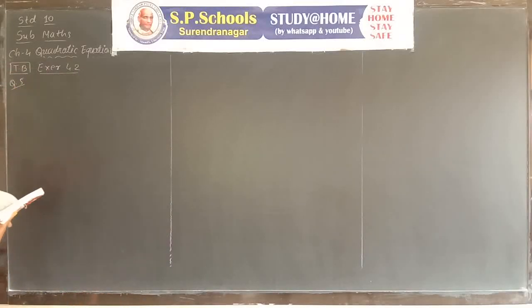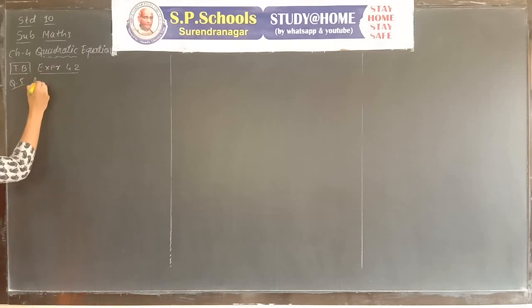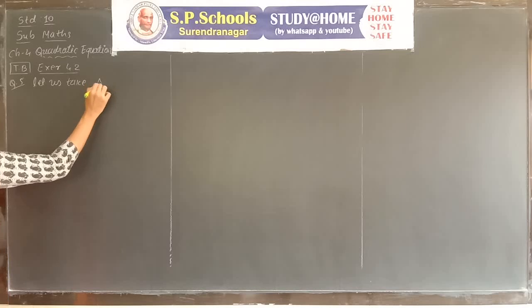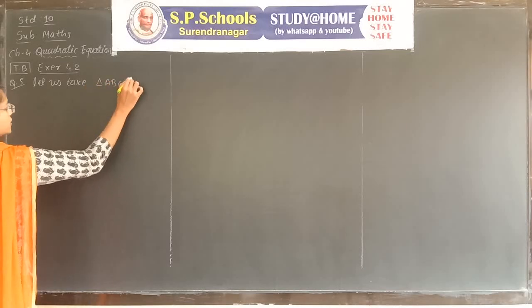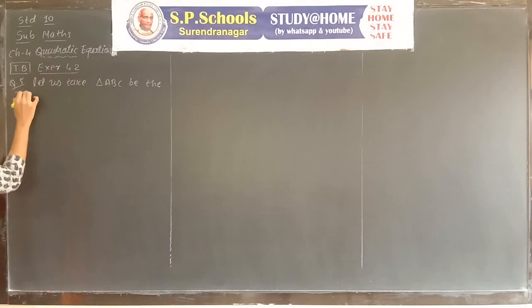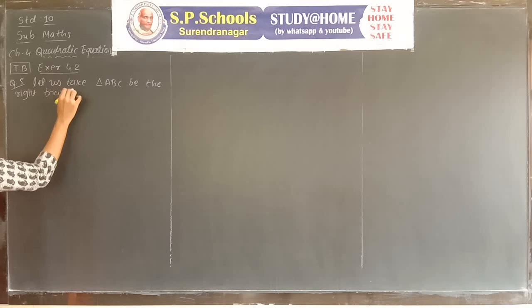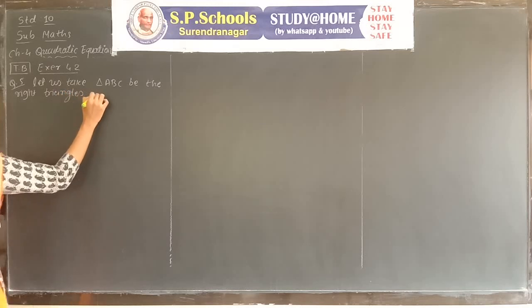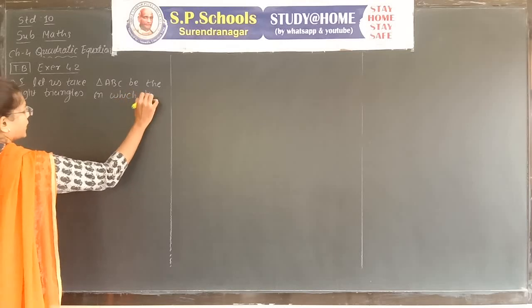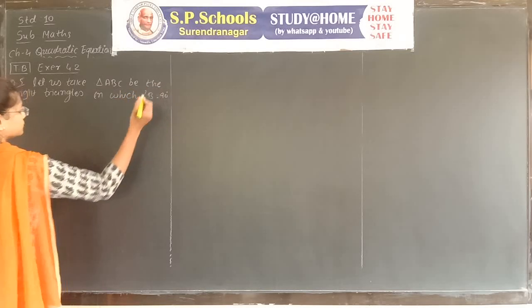Fifth number is here. Let us take triangle ABC, the right triangle in which angle B is equals to 90.